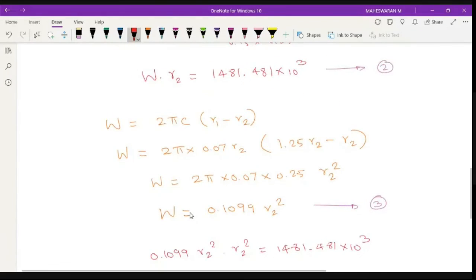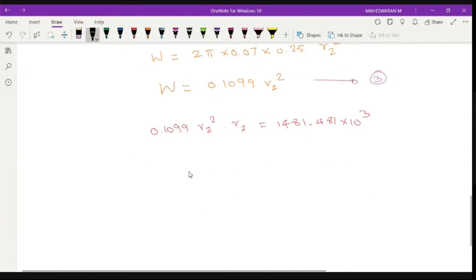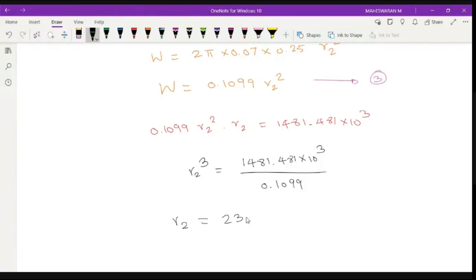Into R2, right? So which means I will get R2 cube is equal to 1481.481 into 10 power 3 divided by 0.1099. So what is the value of R2 then? 237.9 mm. Okay, very good.